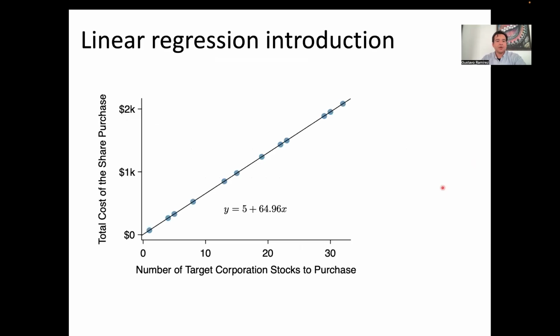Okay, so linear regression. We've all done plotting of a line before. I think this is a pretty basic concept, usually introduced in middle school. This is the basic way to write down the equation of a line.